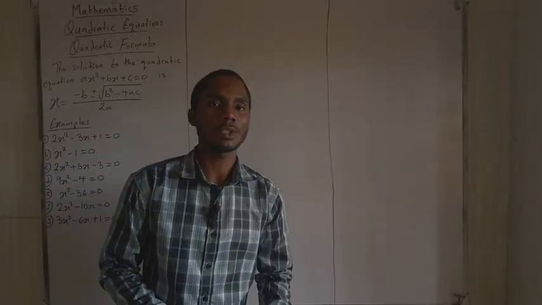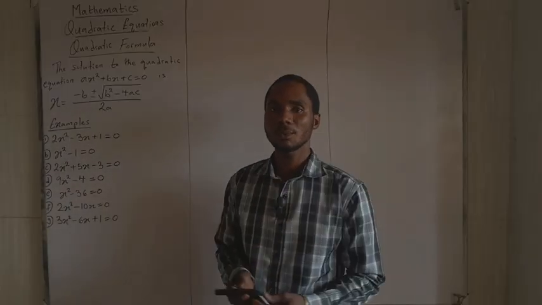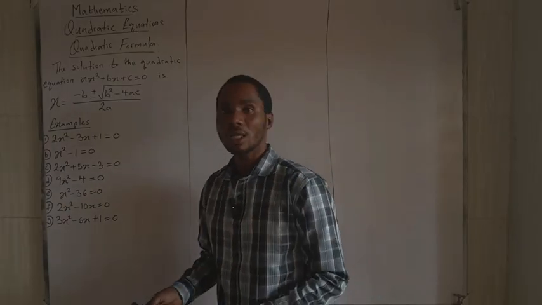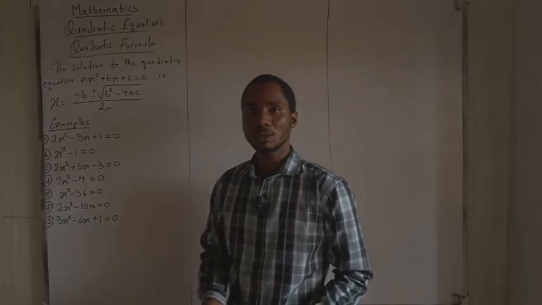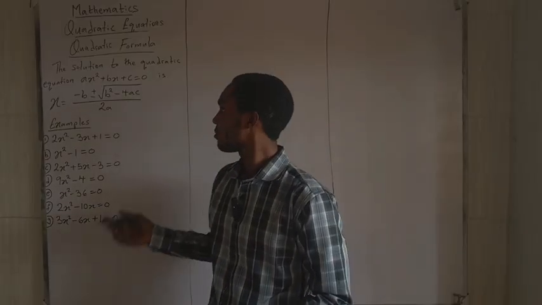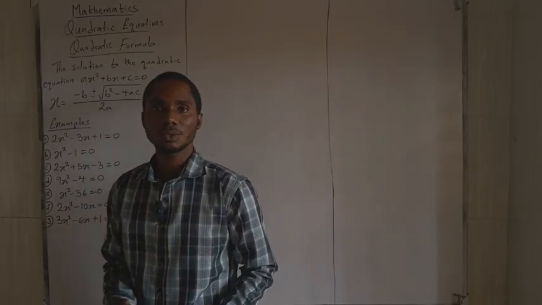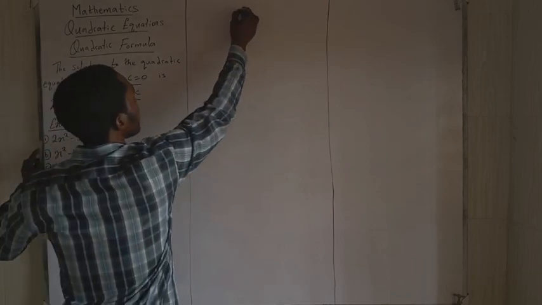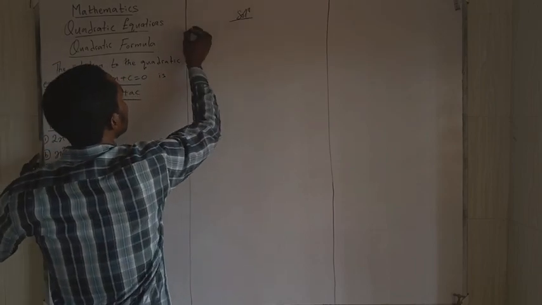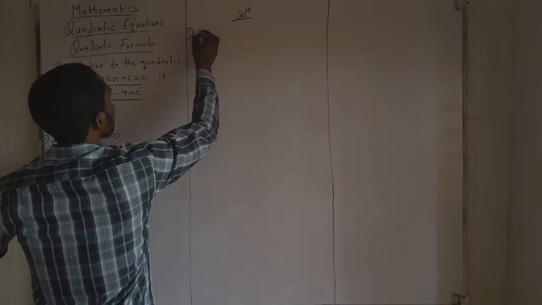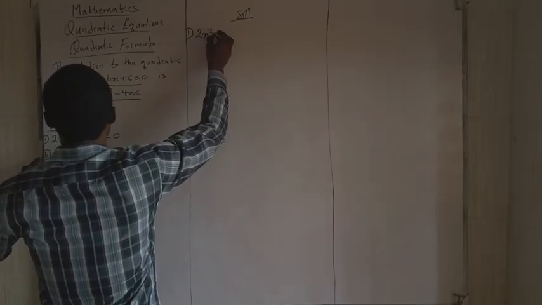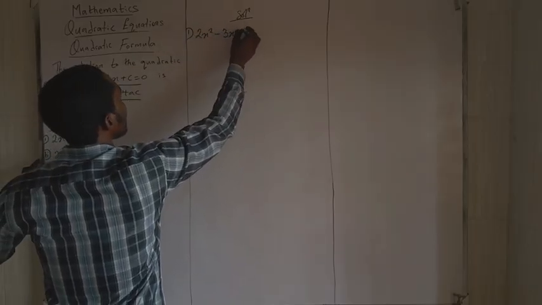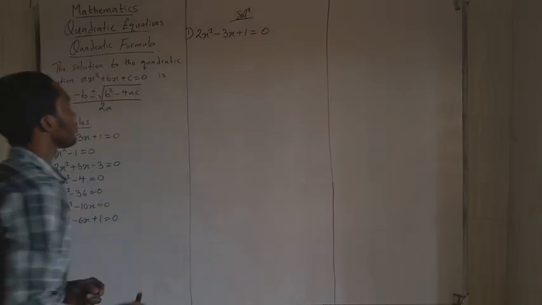Another method of solving a quadratic equation is by using the quadratic formula. This formula was derived earlier under the completing the square method. How are we going to apply this formula to the given quadratic equation? We have 2x² − 3x + 1 = 0.